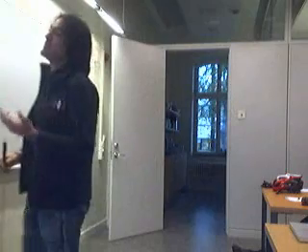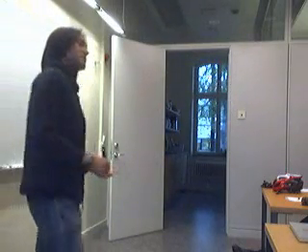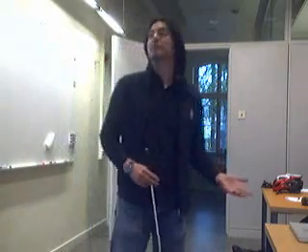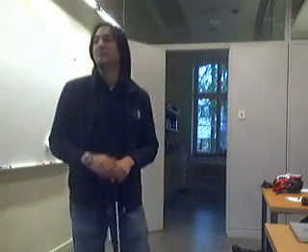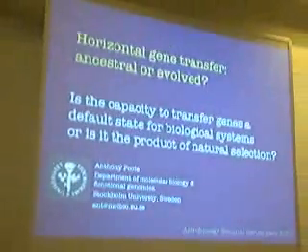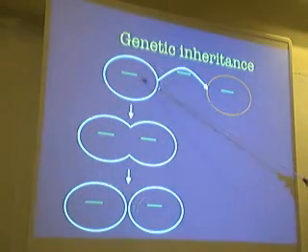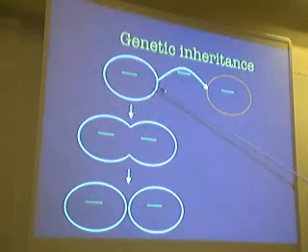And from the point of view of people interested in the early evolution of life and in evolution in general, this topic has become quite interesting for a number of reasons, and I'll try and explain those as I go along. So the first thing I'll show you is what I mean by gene swapping. Here's a little picture. This is a very artistic rendering of a bacterial cell.